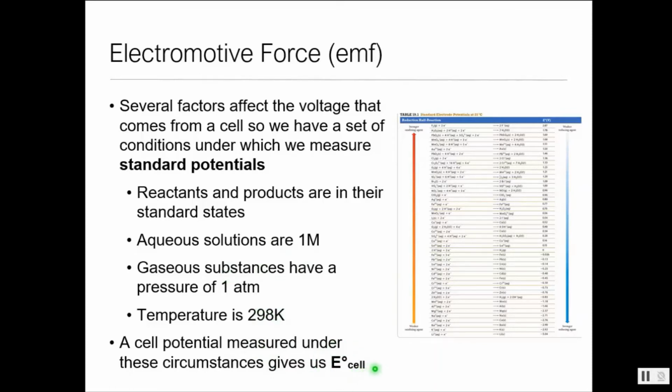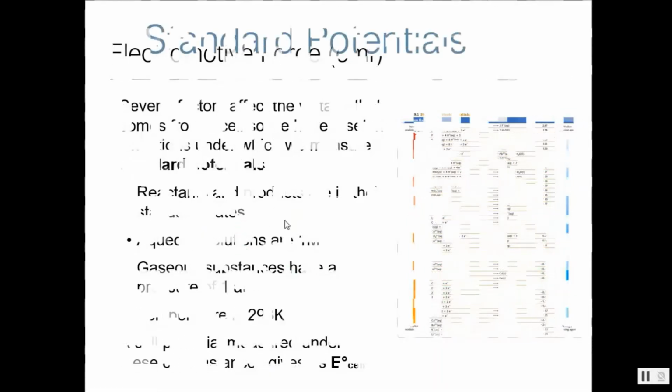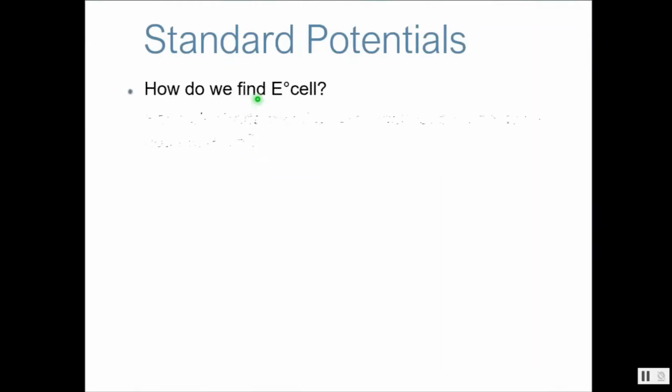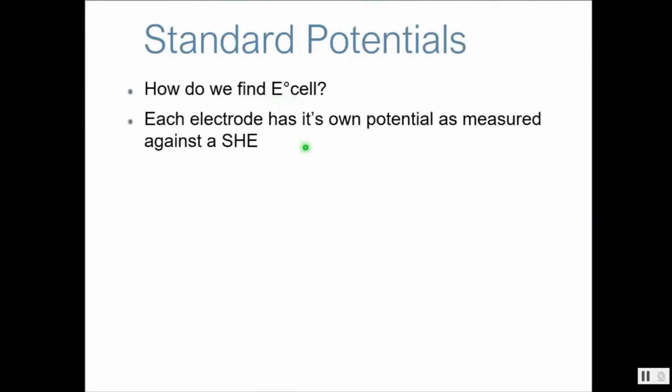To calculate the standard potential of the cell, we need to look at the difference in the electron potentials for our specific substances. So here we have our half reactions. We would look at 2 half reactions we need to combine and then take the absolute difference between those 2 half reaction potentials. So how do we find the standard potential?